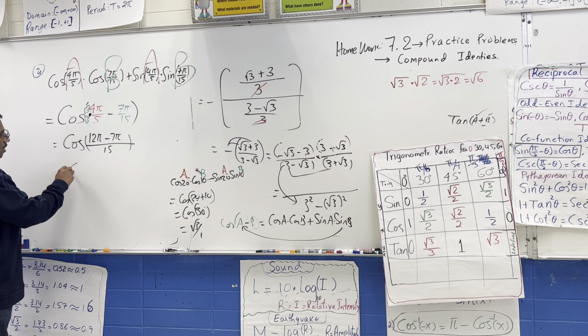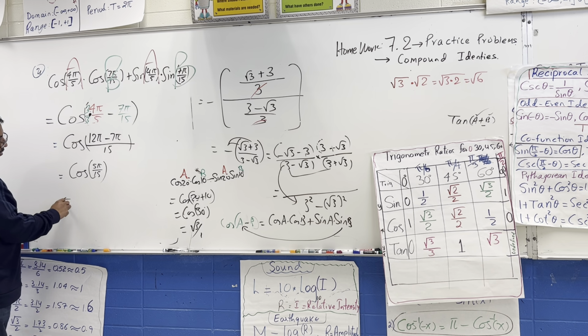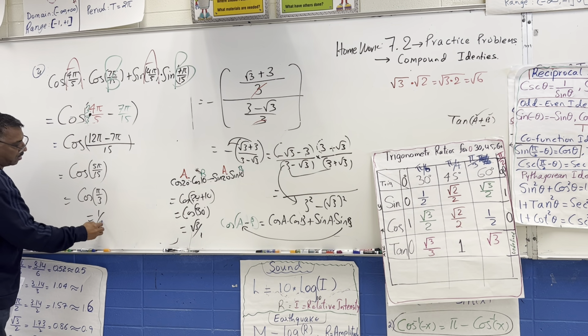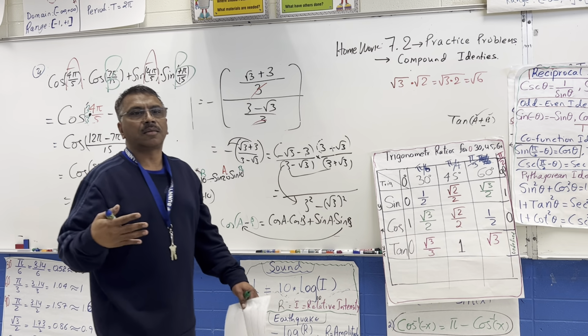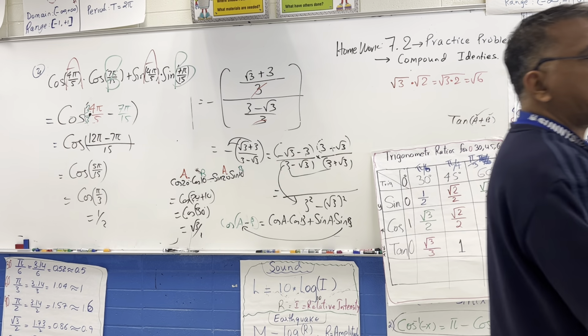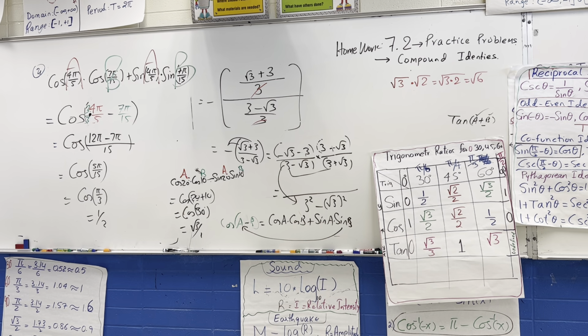So cosine of 5 pi over 15, which would be converted to cos of pi over 3, which equals 1 over 2. There you go. Did you start liking it now? So not difficult, right? I really did this on a Friday so that when you walk out, you say, oh, we can do this no matter what that is.